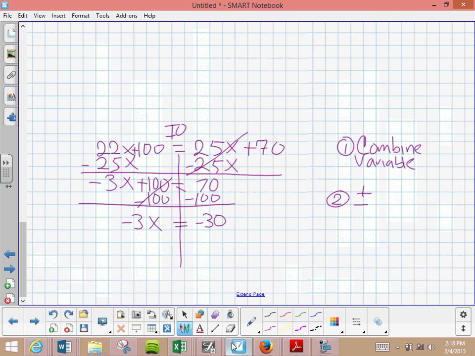We have more boys than girls, so you usually have boys left over. So the third step says you either multiply or divide. It's multiplying, so I must divide, right? By negative 3, negative 3. It equals positive 10.